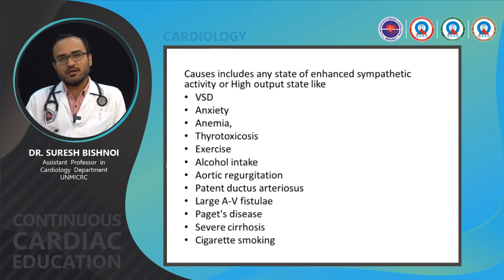All these clinical conditions might have a hyperkinetic pulse with an increased pulse volume. So whenever you find a hyperkinetic or increased volume pulse, you should think about all these causes. Keep your diagnosis broad. You should not focus only on the cardiac diagnosis; you should also look at the systemic causes like anemia, anxiety and thyrotoxicosis, to exclude other causes.